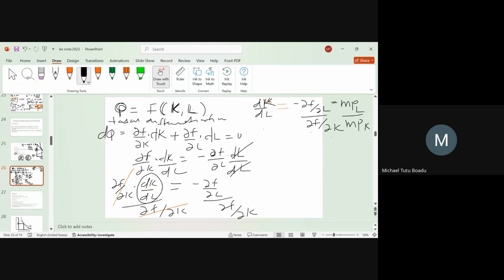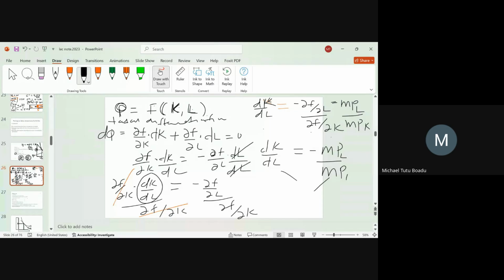So it means that our change in K over change in L is equal to negative MPL over MPK.